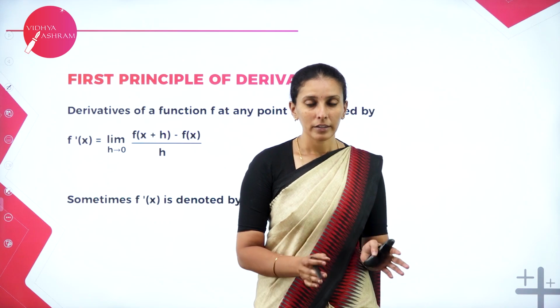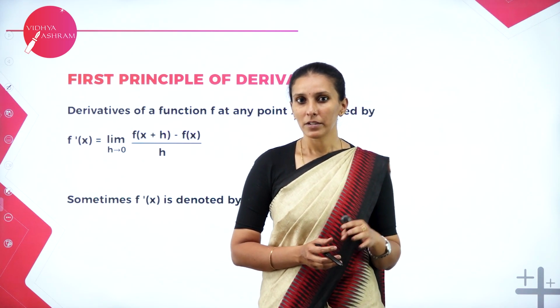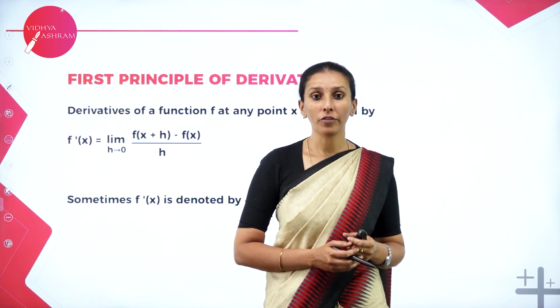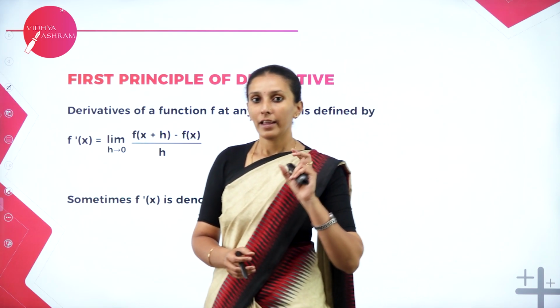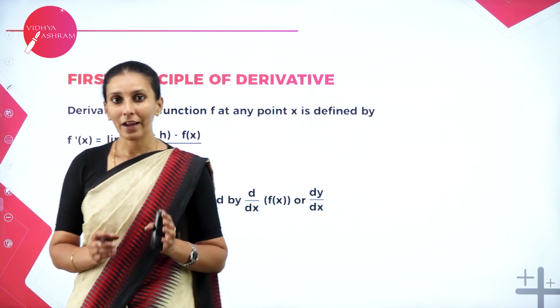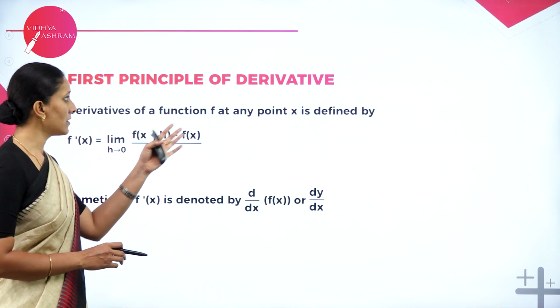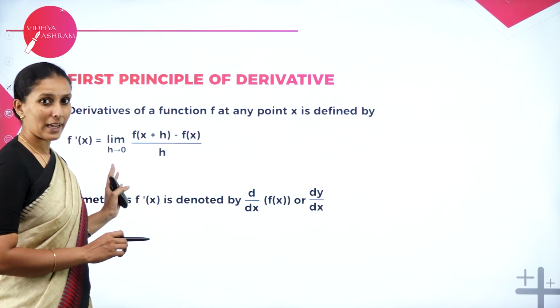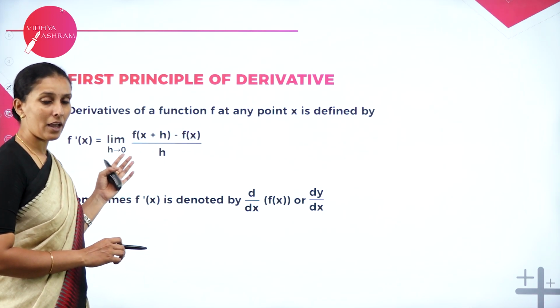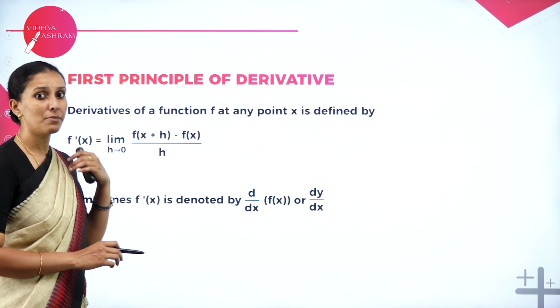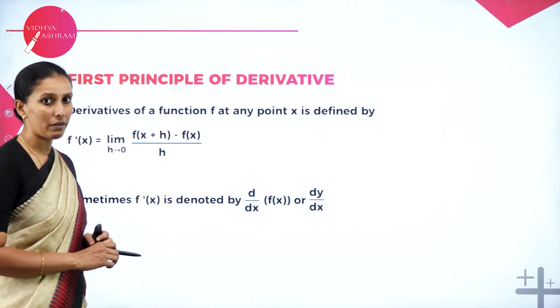Now if the point is also a variable, suppose we don't know the exact value of the point a, then also we can find the derivative with the help of first principle of derivative. So it is the same definition, but instead of a, we are taking x. So x may be any point in the given domain.